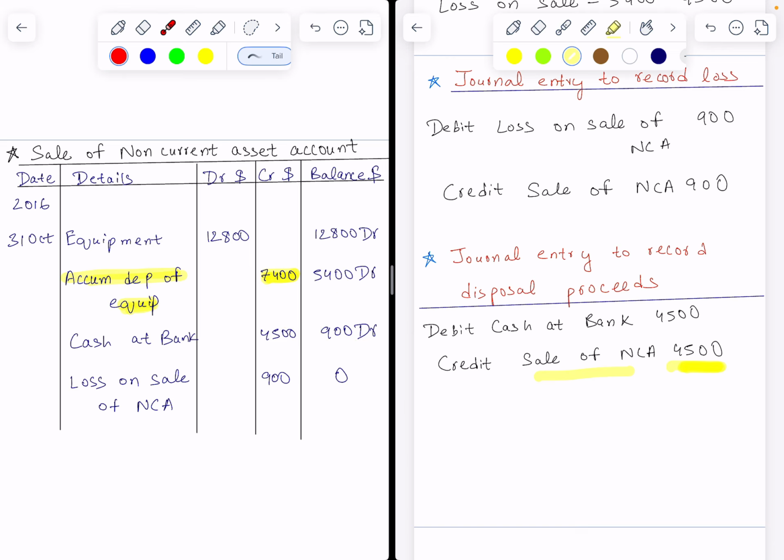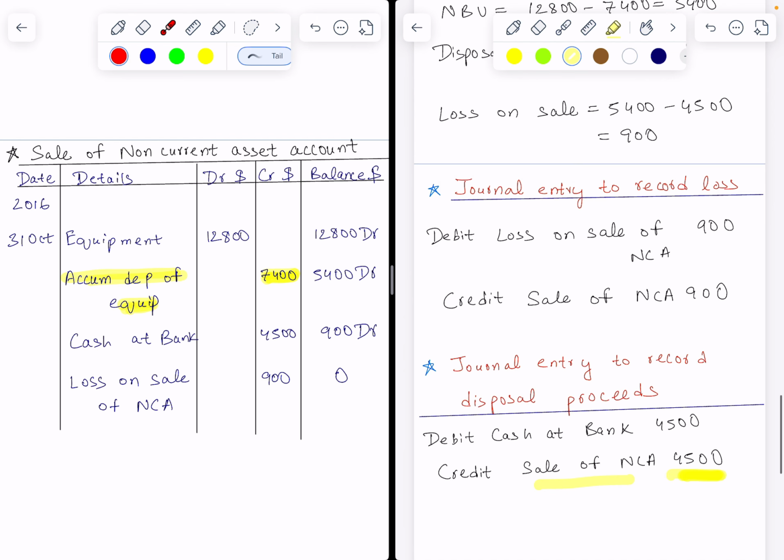Lastly, we will record the loss which we have made. So you can see this, all losses as we have discussed are an expense, which by default is debited, but the sale of non-current asset account in itself is credited. So therefore, the $900 is to be recorded on the credit side, with the relevant cross-reference in the details column being the loss and sale of non-current asset account.